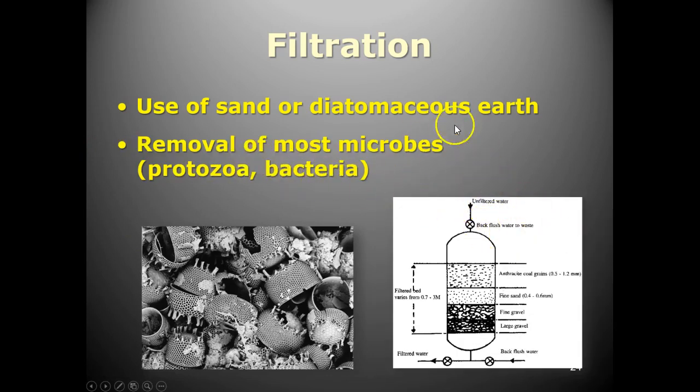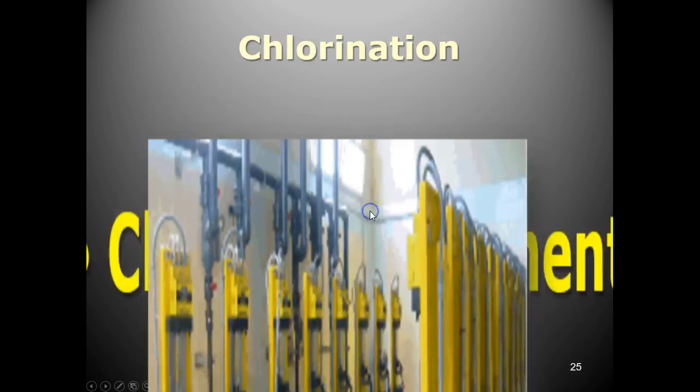And you can use either one of these to get rid of a lot of the microbes. It can be protozoa, bacteria, and they're going to end up getting trapped within this matrix as the water goes through. And so the water at the very end is going to be pretty much free of these protozoa and bacteria.